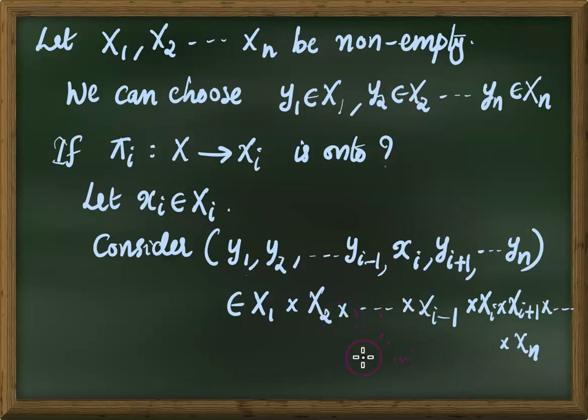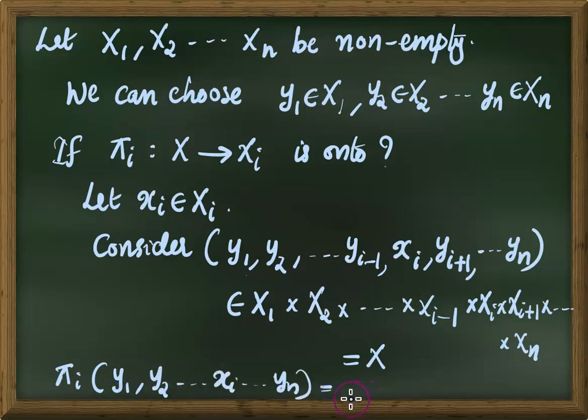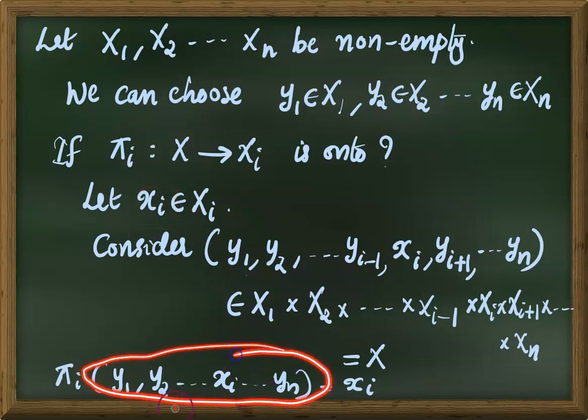So this is a member of the Cartesian product capital X, and we can see that the image of this n-tuple under the function pi i will be equal to the ith coordinate, which is our xi. This means that the point xi has a pre-image which is given by this n-tuple.